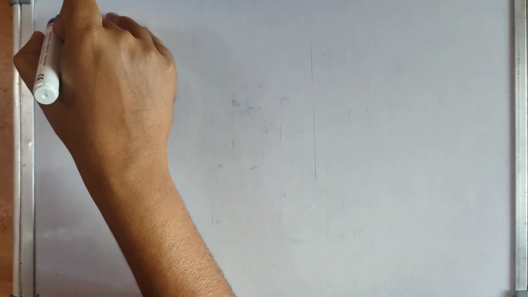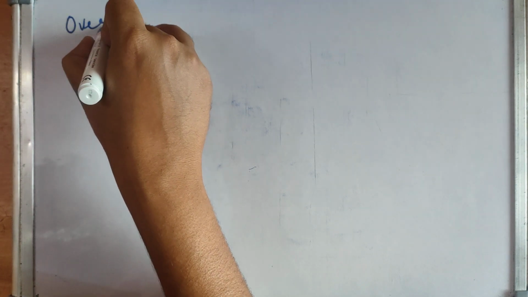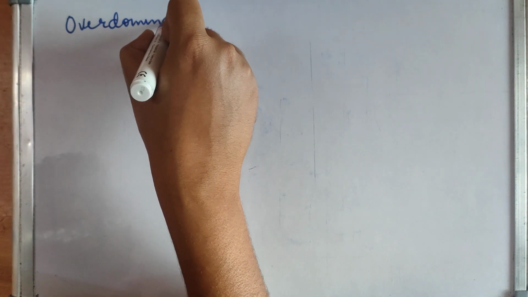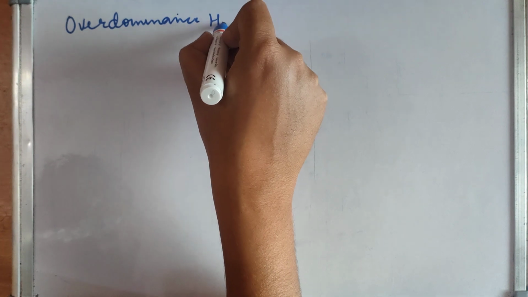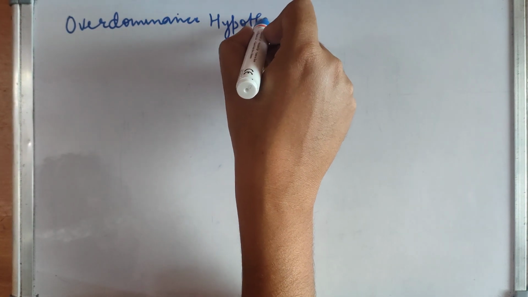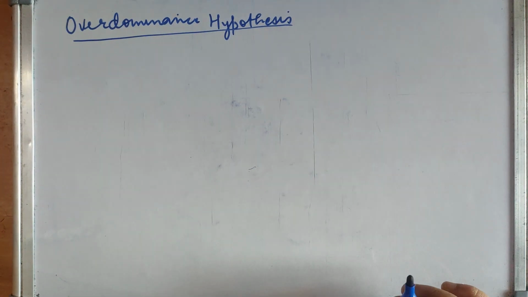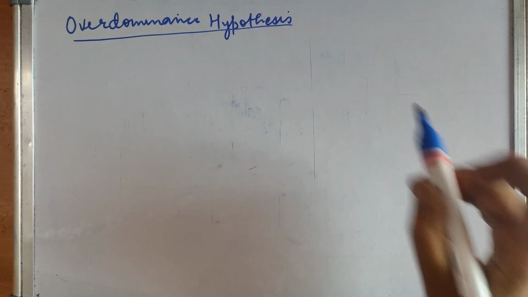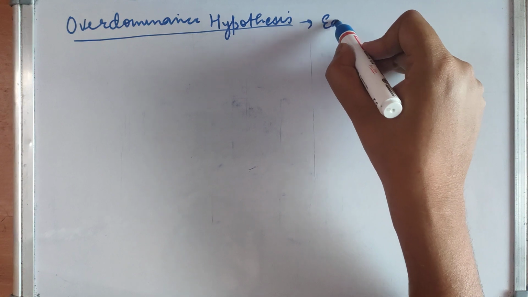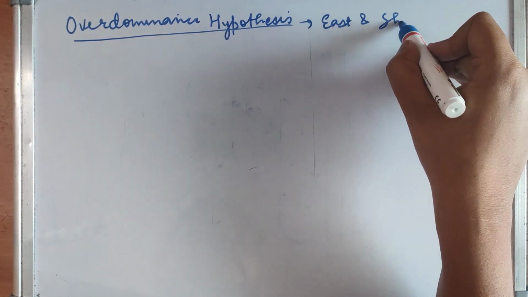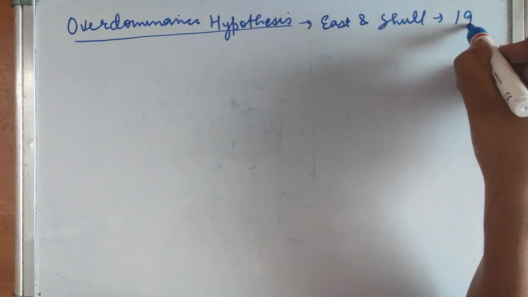Now moving to the next topic of this session, that is the over-dominance hypothesis. This was given by East and Shull in 1908.